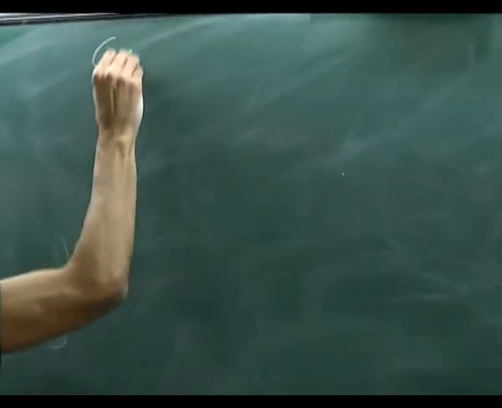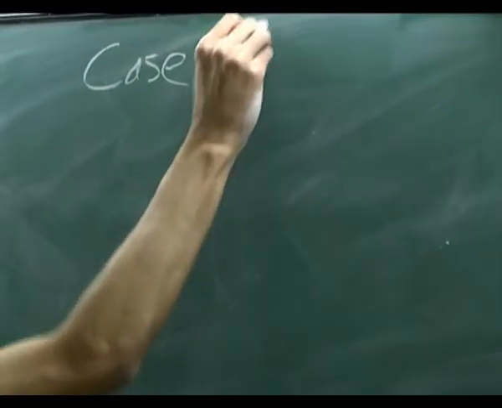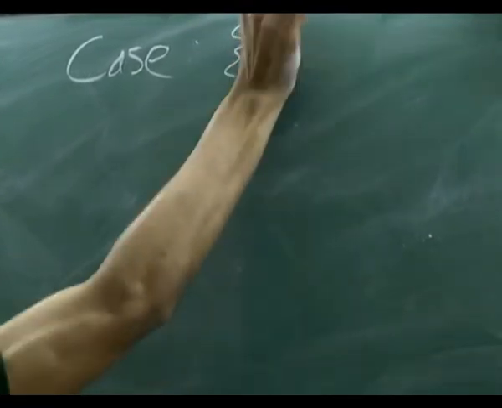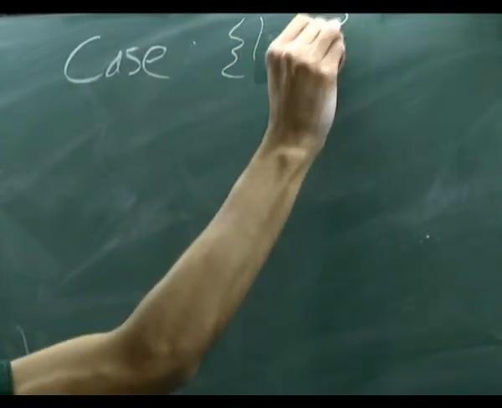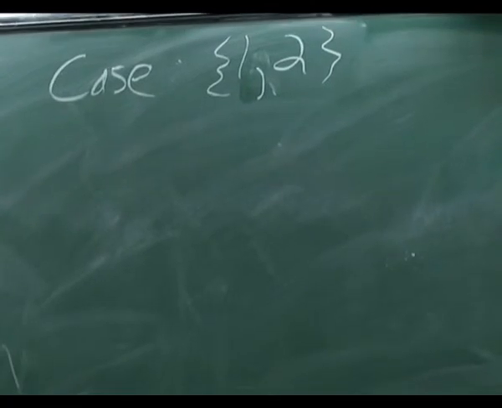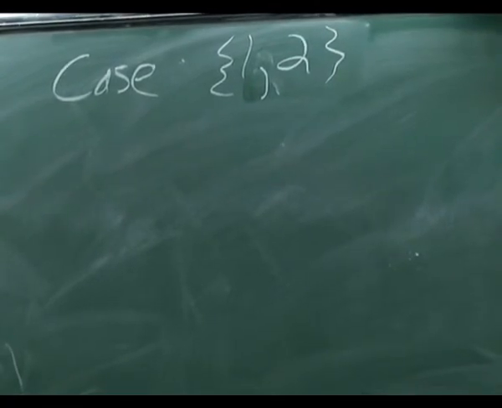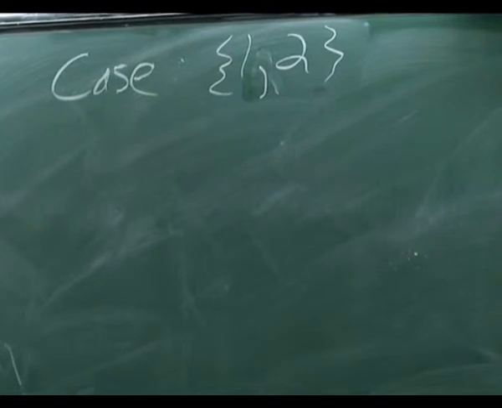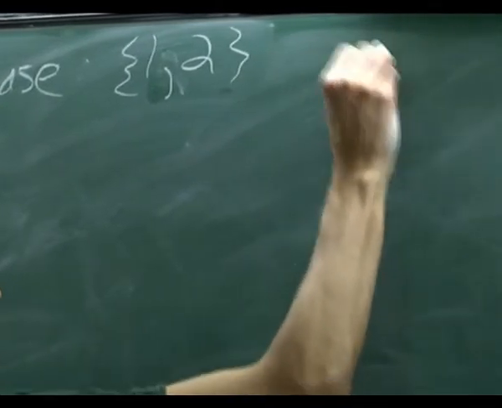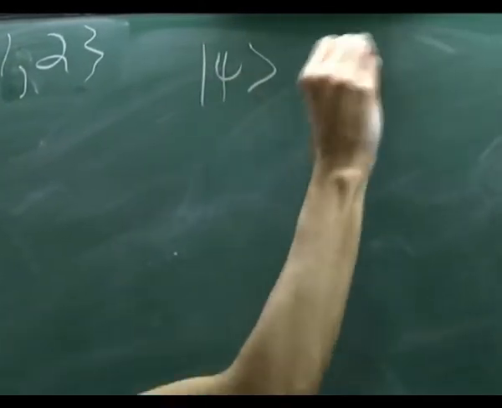So case, say 1, 2. Okay. So now we have one pure state and one rank 2 mixed state. So let's write our ensemble as: psi is the pure state and rho is the mixed state.